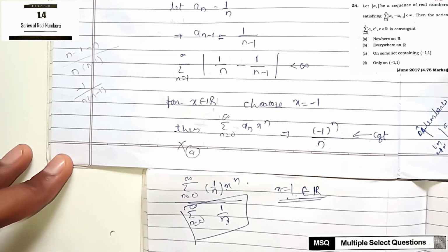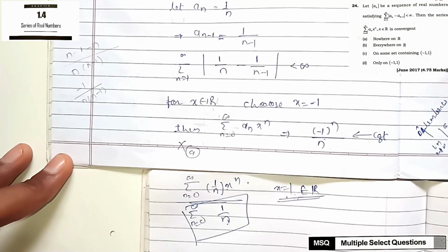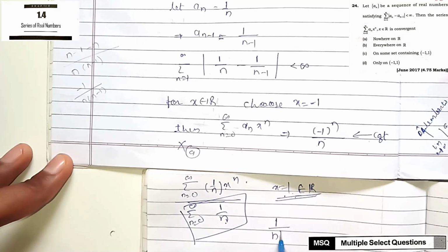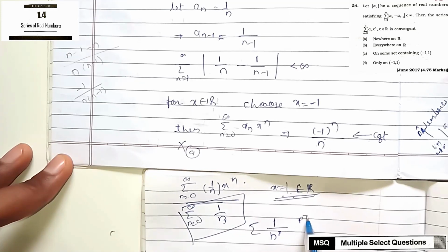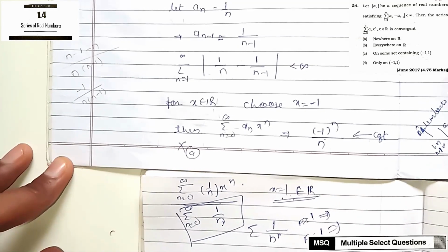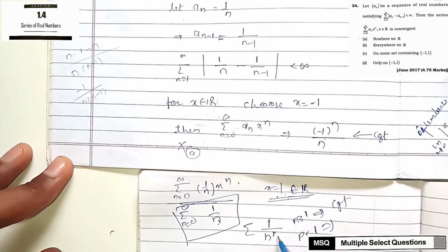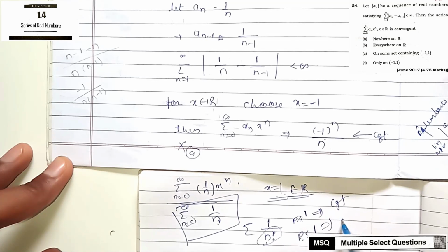But we can apply the p-test for convergence of a series. The p-test says that for the series 1 upon n raised to p, whenever p is bigger than 1, the series is convergent, and whenever p is 1 or smaller than 1, the series is divergent.